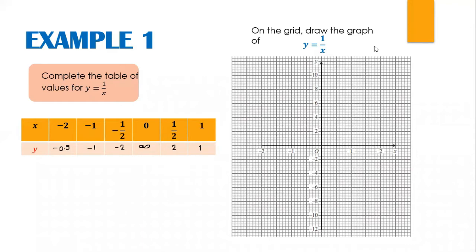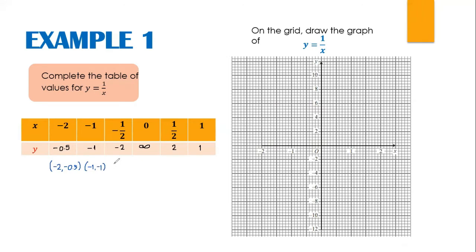Let me show you the meaning of x equals minus 2 and y equals minus 0.5. It means you have to plot this data on the grid: x equals minus 2 and y is minus 0.5. And this one, x equals minus 1 and y is minus 1. You just plot the data on the grid, minus 1, comma, minus 1.